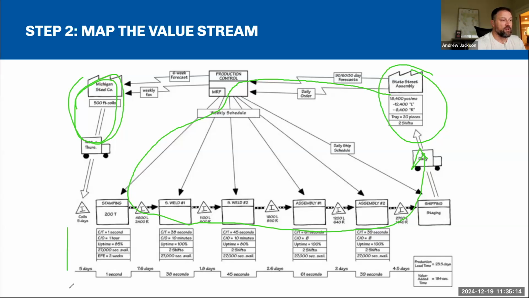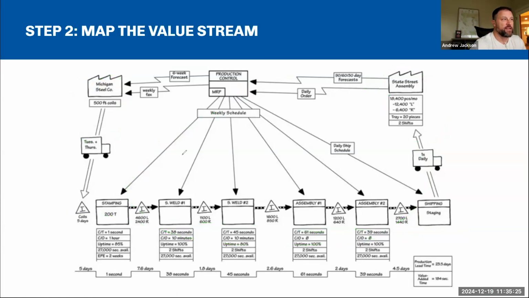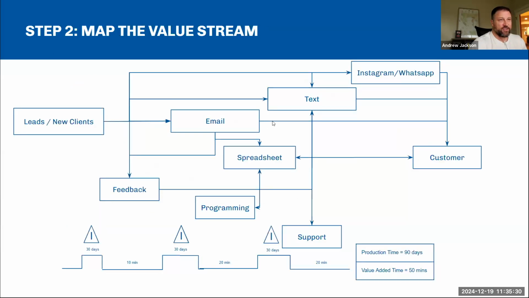And then importantly, along the bottom, you have this data table of information that helps you identify where you have inventory built up, which is one of the types of waste among many that we'll talk about in the future.